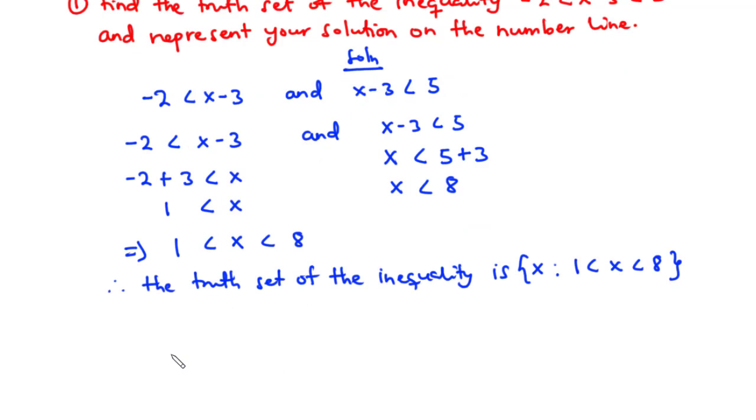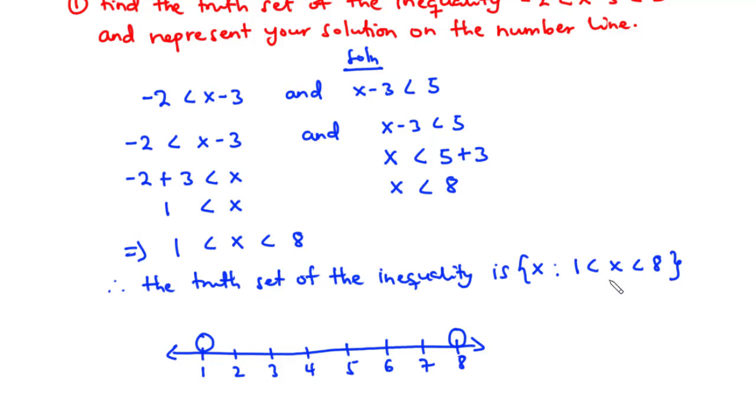number line. So we have the number line. Let's indicate 1 through to 8. So we have 1, 2, 3, 4, 5, 6, 7, and then 8. So this is 1, and then this is 8.